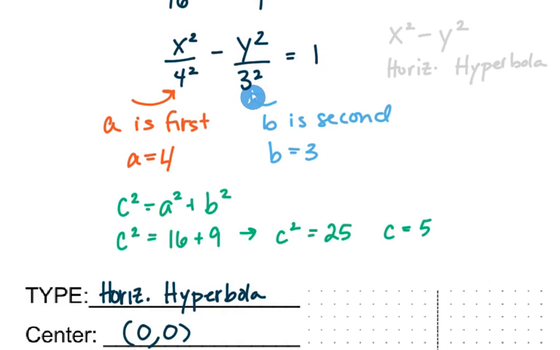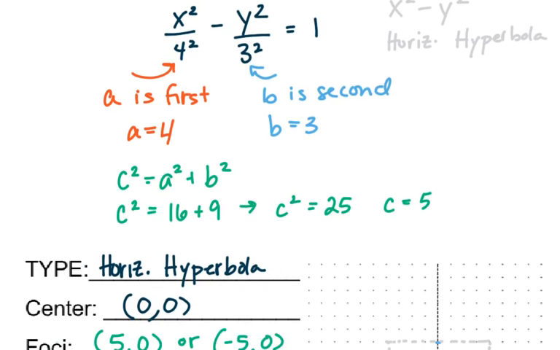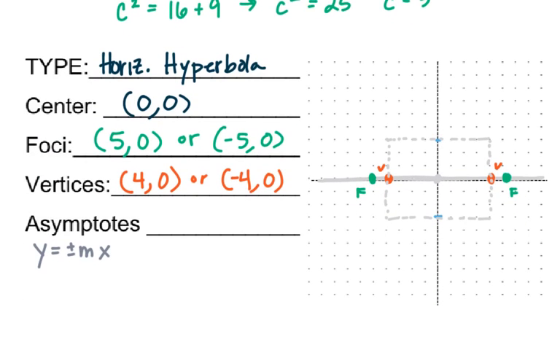Which value's under y and which value's under x? 3 is under y, 4 is under x. So in this case, my 2 equations, they're going to be y equals positive 3/4 x, or we'll have y equals negative 3/4 x. So those are my 2 asymptotes.